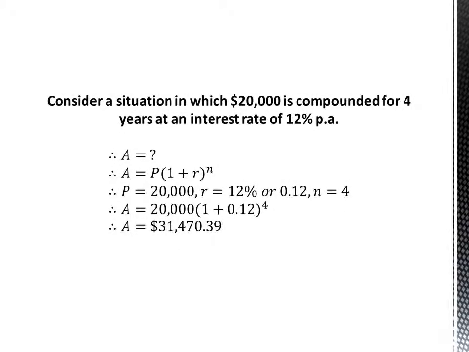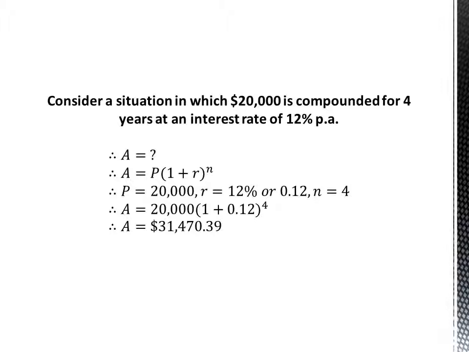Consider a situation in which $20,000 is compounded for 4 years at an interest rate of 12% per annum. Therefore, in this instance, we are trying to find the amount loaned or invested after n years using the annual compounding formula.